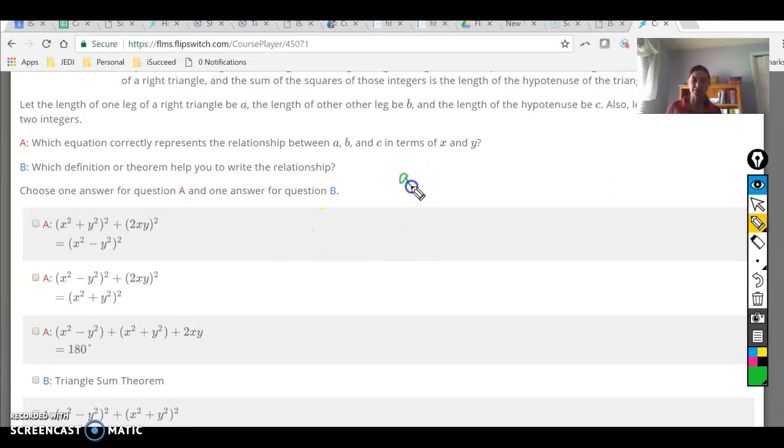So the Pythagorean Theorem says that A squared plus B squared equals C squared. So if A equals x squared minus y squared, and B equals 2xy, and C equals x squared plus y squared, we need to square all of these values.